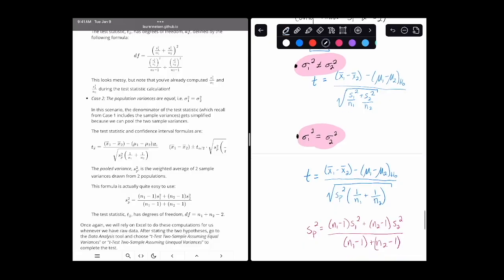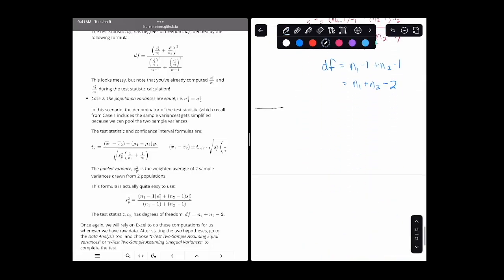But if we think back to something we've done before, we have seen how to do a hypothesis test to figure out if we can show that two variances are not equal. So if we should assume they're equal, or if we have enough to say they're not equal based on the sample.